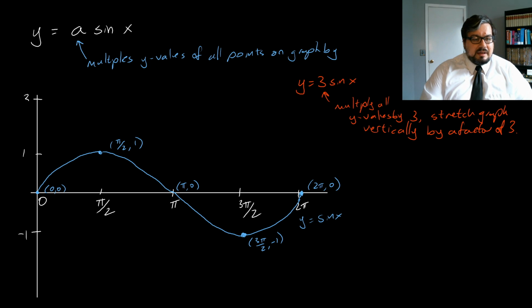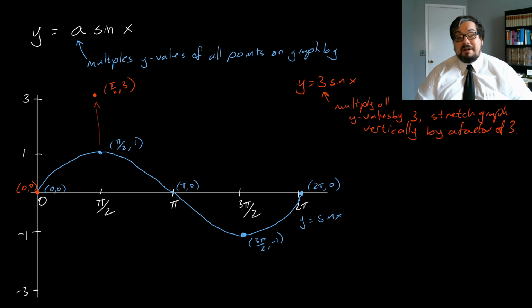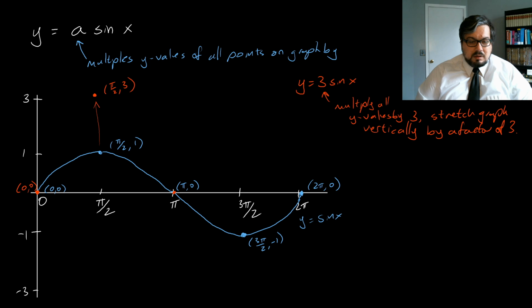So let me go ahead and label the points 3 and -3 here, because those are going to be what we want. So if we multiply the y value of 0, 0 by 3, we still get 0, 0 again. But if we take pi over 2, comma 1, that becomes pi over 2, comma 3. We've multiplied that y value by 3, stretching the graph vertically. The point pi, 0 is going to stay the same because 3 times 0 is 0.